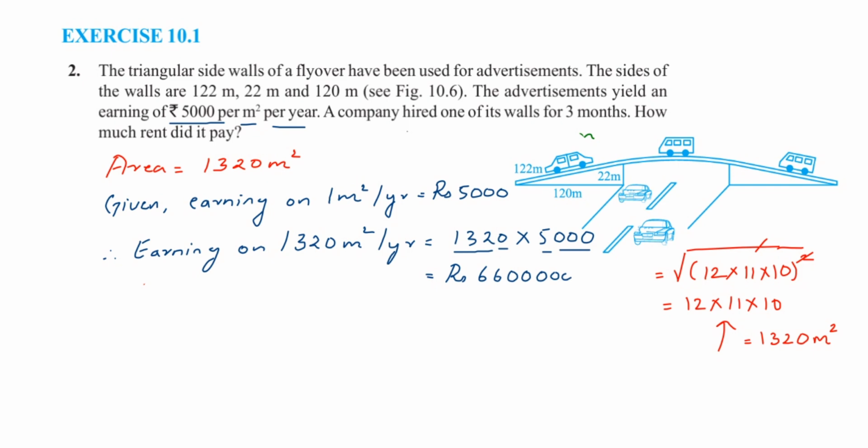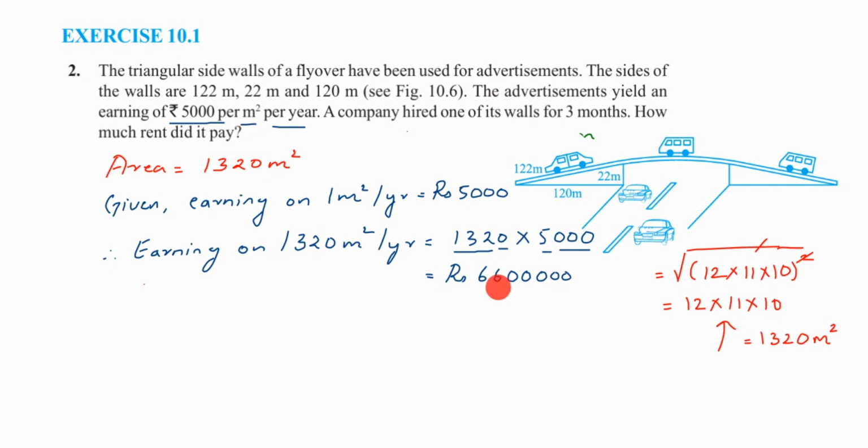When you're multiplying big numbers where you have zeros, don't multiply them taking the zeros. Just multiply the numbers ignoring the zeros. You get 660, and now you have 1 zero here, 3 zeros here, total 4 zeros. Add the zeros. So this is an easy way to multiply. So total this much it is. It is 66 lakhs for 1 year.